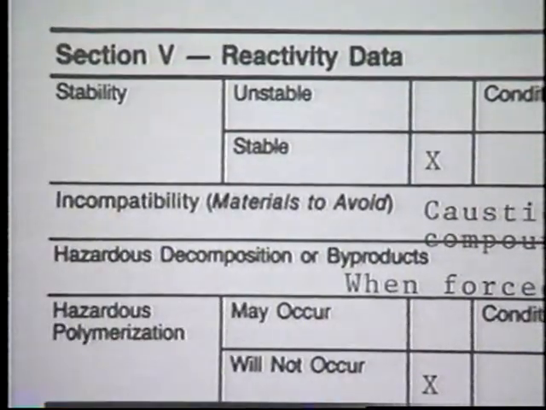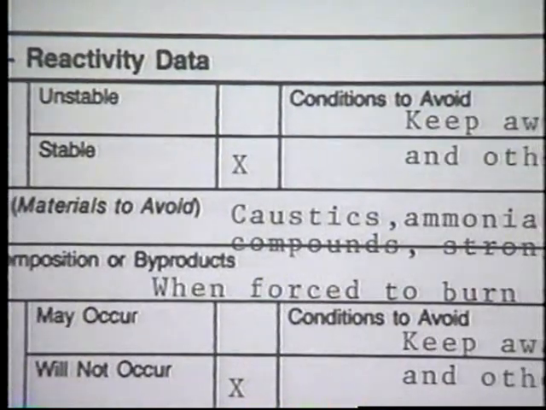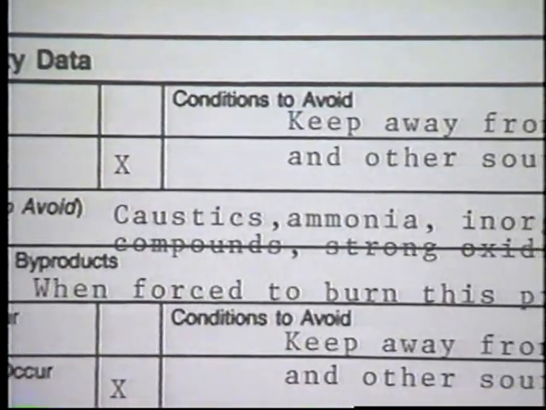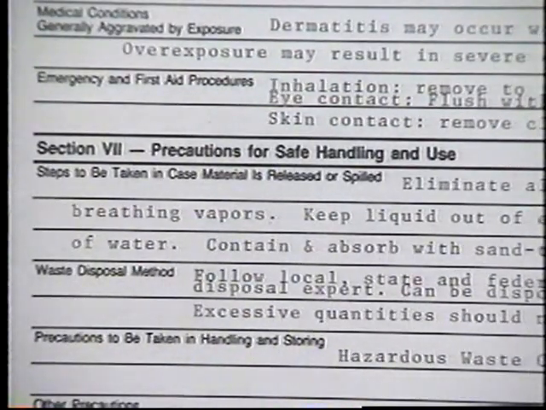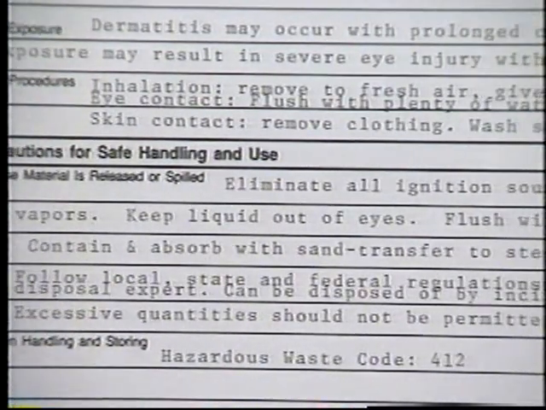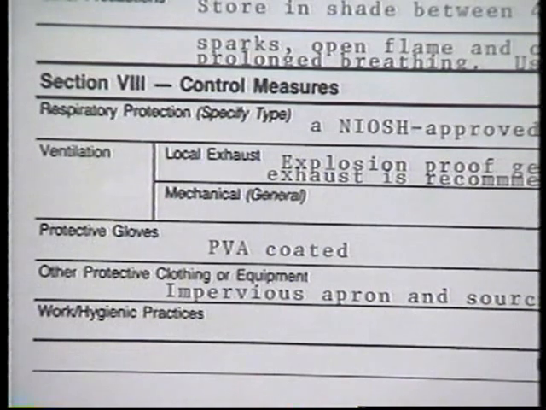Section 5 provides information on how the material may react or change. The next 3 sections are the most important to you. Section 6 describes how the material can hurt you and what first aid procedures to follow if injured. Section 7 provides precautions to be taken when handling or using material. And Section 8 gives you information on protective equipment to be worn when using the material.